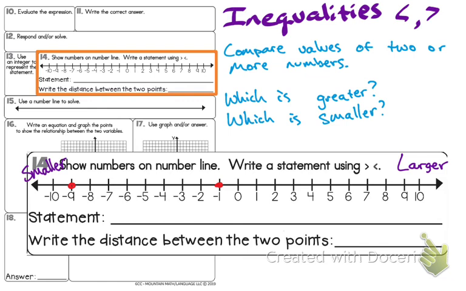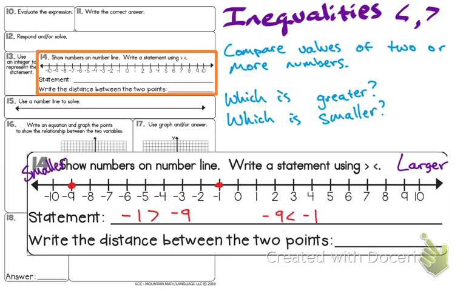But if you're using your number line, this is so simple because our larger number is always to the right-hand side and our smaller number is always to the left. So we can really easily know that -1 is greater than -9. We could also write that as -9 is less than -1.